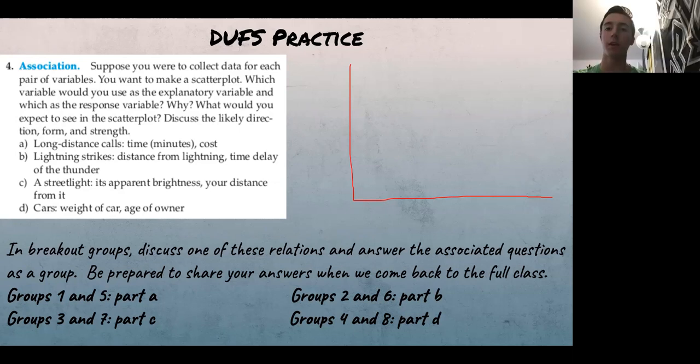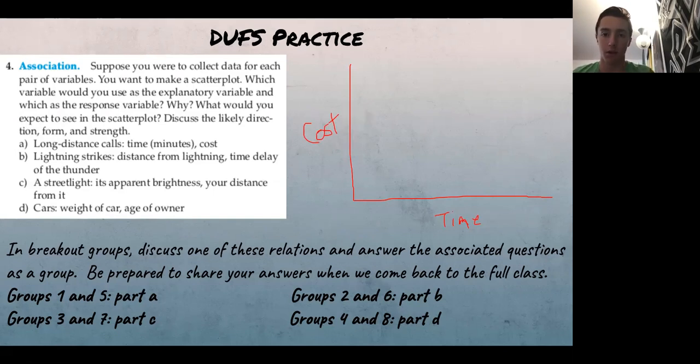All right, we said for part A that the time in minutes of the long distance call would be the explanatory variable, and the response variable would be the cost, because a longer phone call will likely lead to a higher cost.